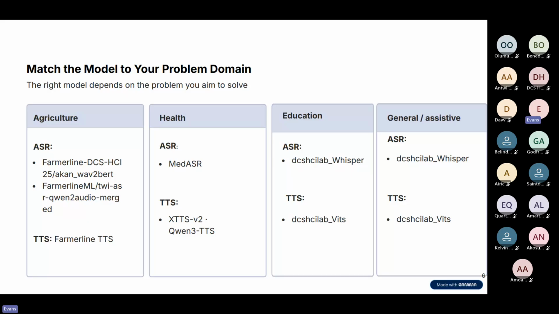What I want to say is you look at what you want to solve, then you pick a model. There are a whole lot of models out there. If you know what you want to build, which I'm sure all of you do, you can pick the perfect model, right? All right, so assuming you want to build something in agriculture, right?